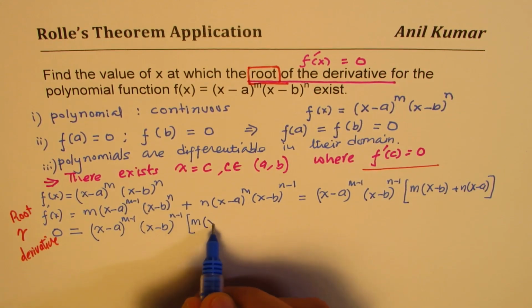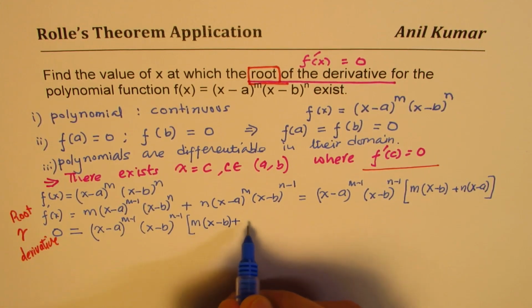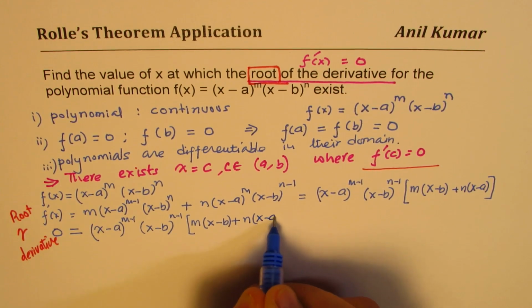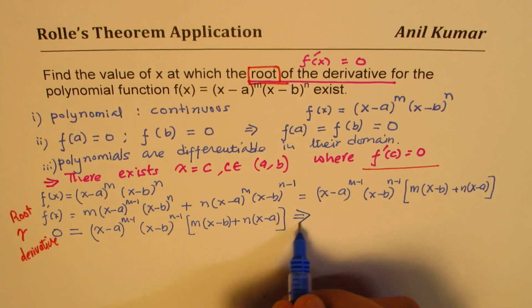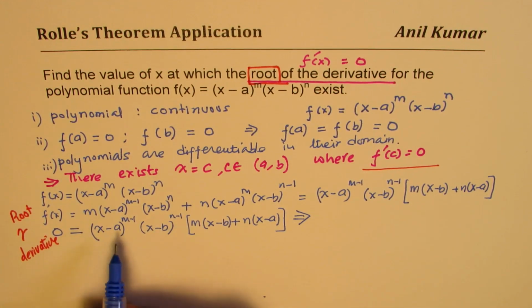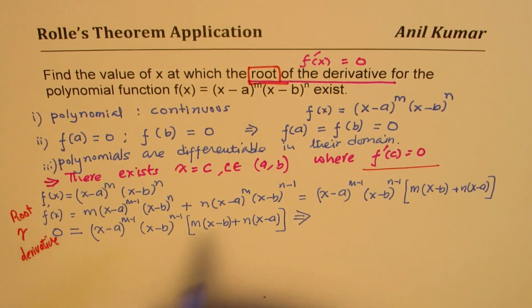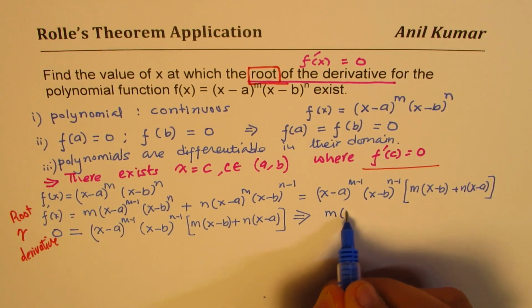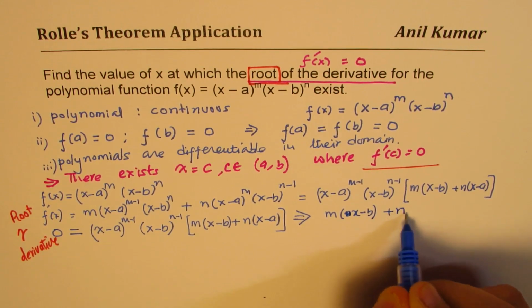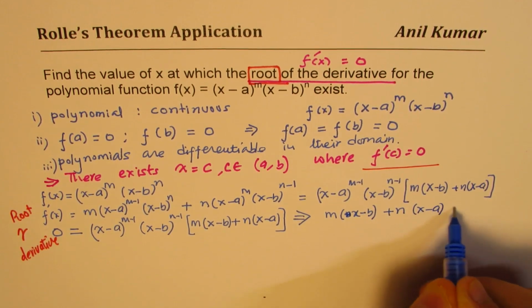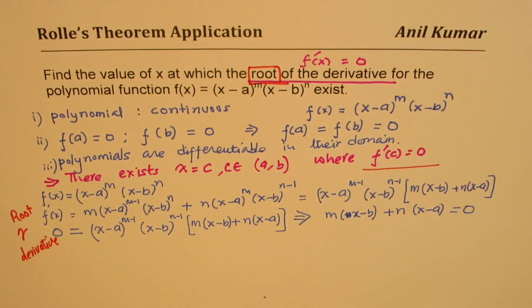So m times (x minus b) plus n times (x minus a) should be 0, right? So that implies, now this cannot be 0 between the interval a and b, but the inside portion should be 0. So that means m times (x minus b) plus n times (x minus a) is equal to 0, correct?